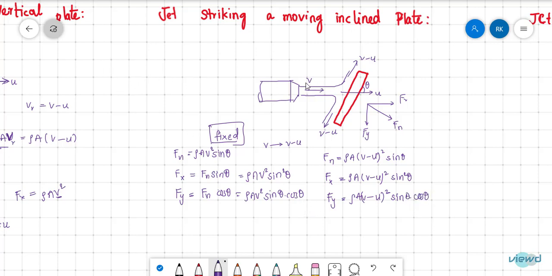So when there is only one blade, this formula should be used. When there is a series of blades, a different concept should be used. I'll tell you that.